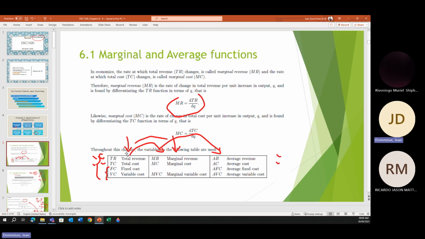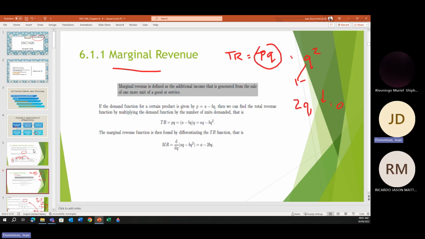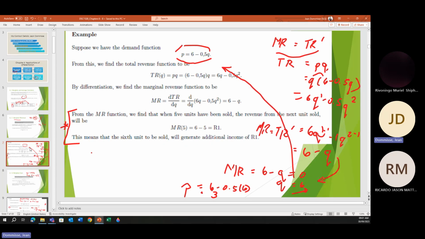We looked at how, when we get information from a total revenue or total cost function, to work out marginal revenue and marginal cost, and then also how to work out your average revenue and average cost. So that's what we covered last time.